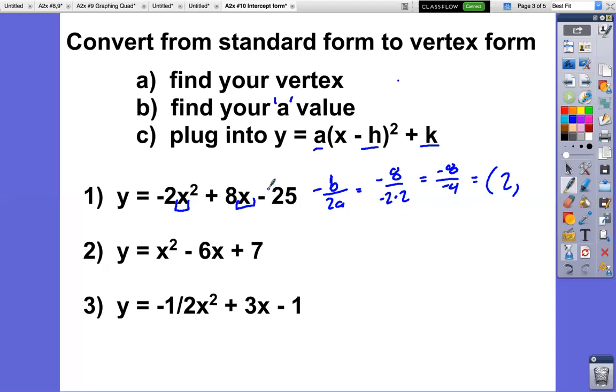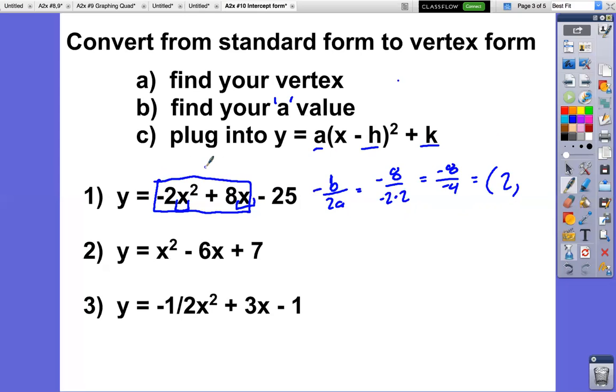Perfect. Now I gave you guys a little bit of a shortcut here. I don't care if you use the shortcut. All you're doing is plugging that X value in for X. The shortcut is like this. Once you square it, 2 squared is 4, times -2 is -8.